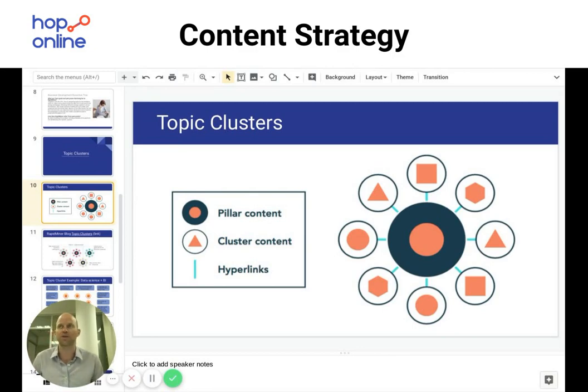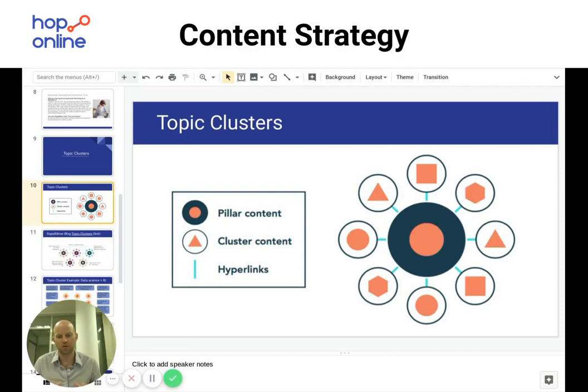And a cluster page is typically a shorter page, like a blog post of 1,000 to 1,500 words, which covers maybe a smaller subtopic of the main topic of the pillar page. And when you link the cluster pages around the pillar page, as is shown in this example, you're actually signaling to Google topical relevance around a broad topic of the site.